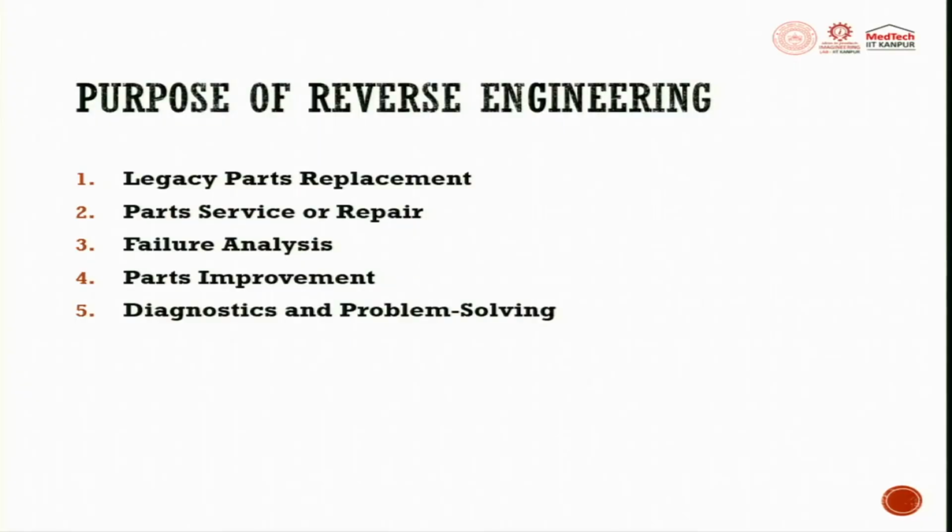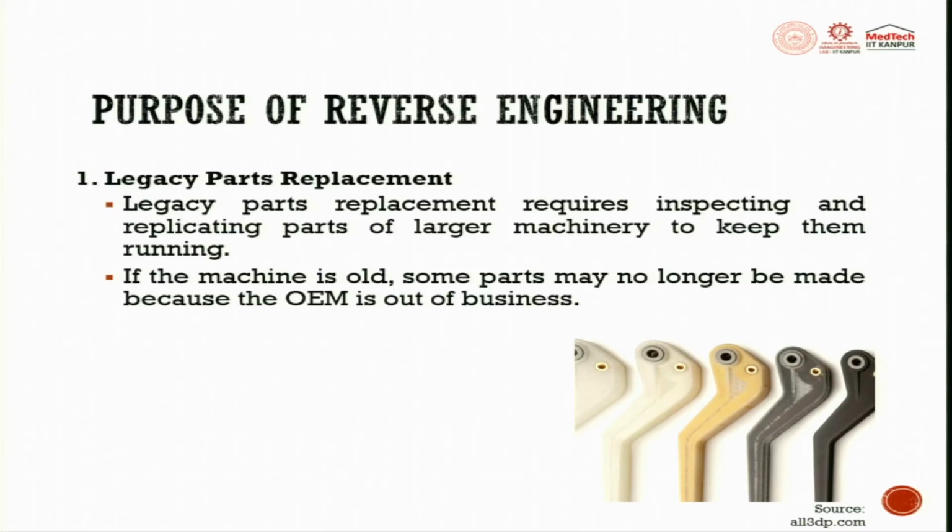Now, the legacy purpose of reverse engineering is specifically part replacement. We have parts service or repair, then we have failure analysis of the components, improvement in the existing components, trying to understand which are the specifically weaker points or weaker components which can be replaced or improved, diagnostics and problem solving, and legacy part replacement.